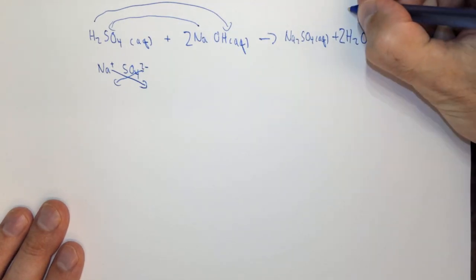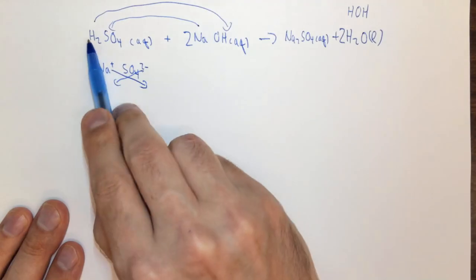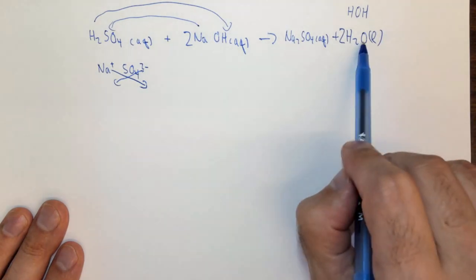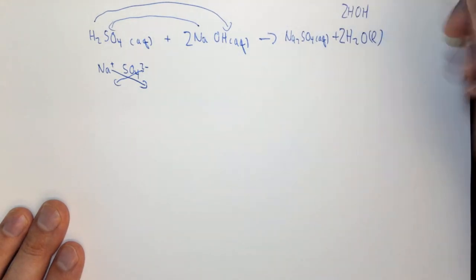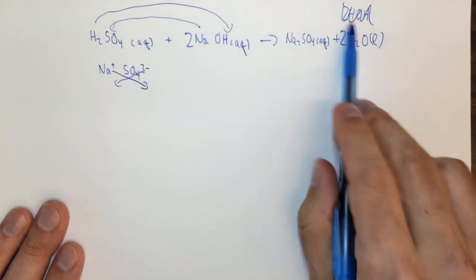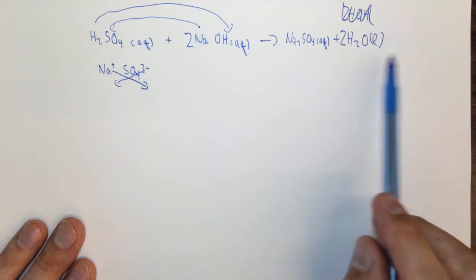Note that sometimes it's better to think of this as HOH, where the H comes from the acid and the OH comes from the base, so we have 2 hydroxides. If there's 2 of these, we have 2 hydroxides and 2 H's. So if we think of water as HOH, it can be helpful. So now we have the balanced chemical equation here.